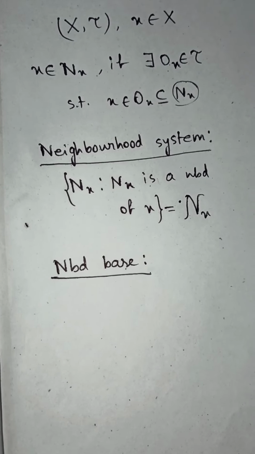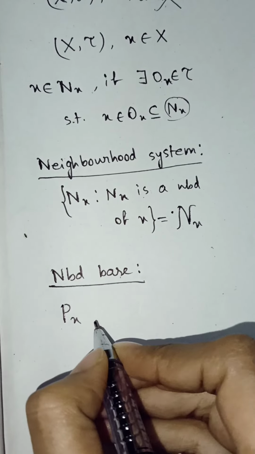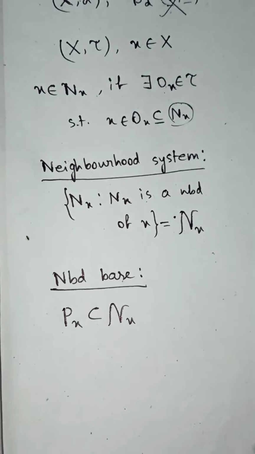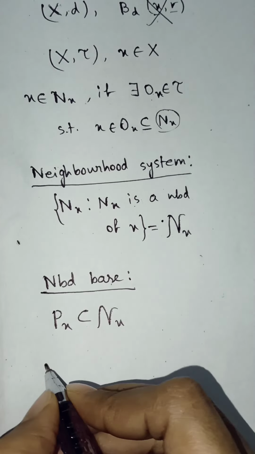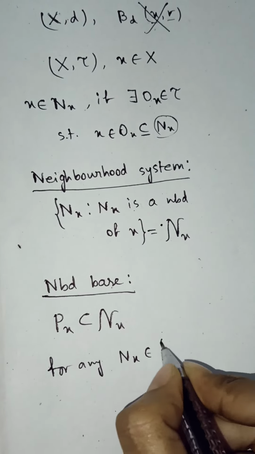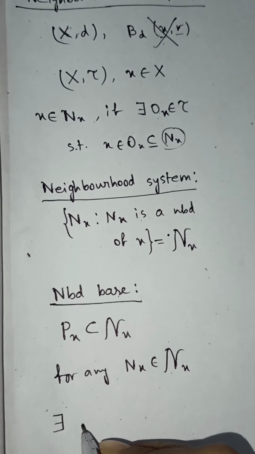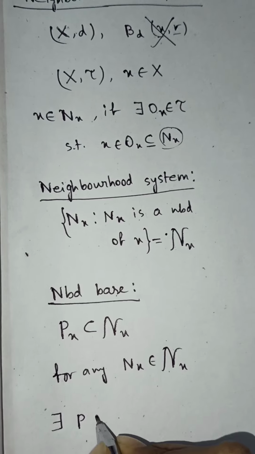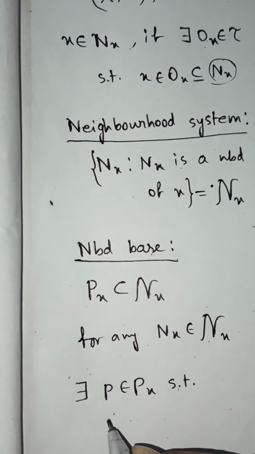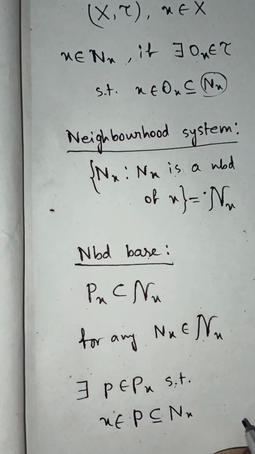Now, neighborhood base. Let us denote the neighborhood base as Px. The neighborhood base is a subset of the scripted Nx such that for any neighborhood Nx in the neighborhood system Nx, there must exist some P in Px such that x belongs to P, which is a subset of Nx.